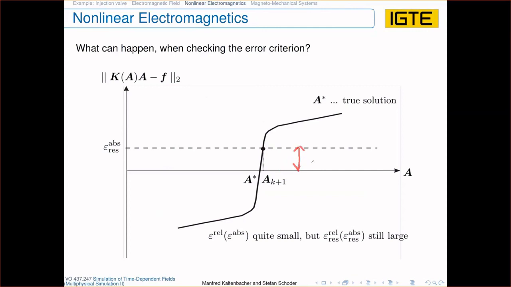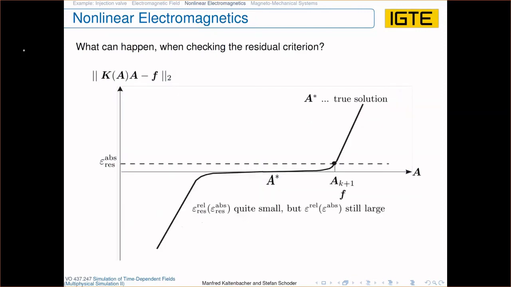On the other hand, you can have a nonlinearity which looks like this. You measure in the residual criterion, and you have this kind of nonlinearity, as you can see here.